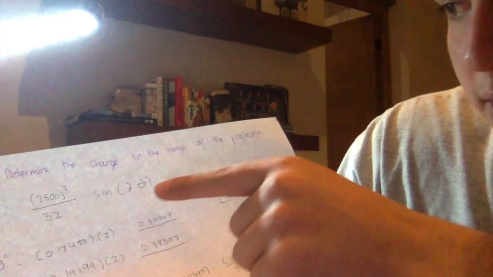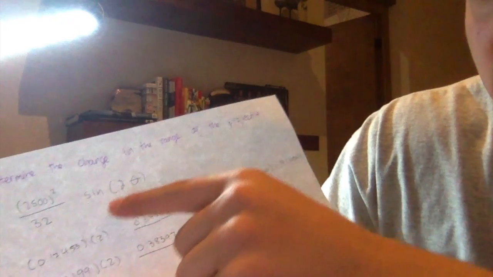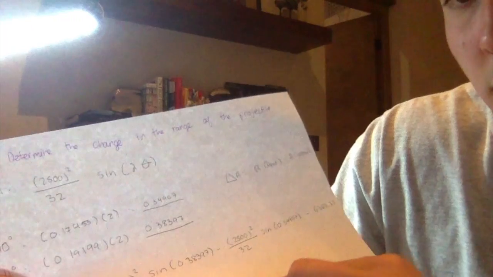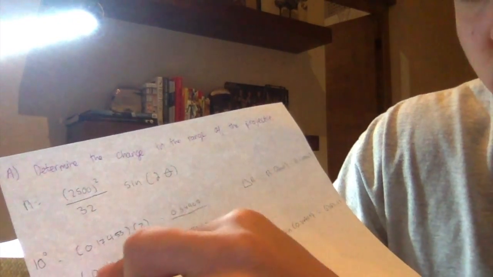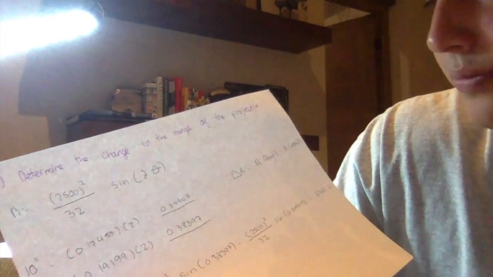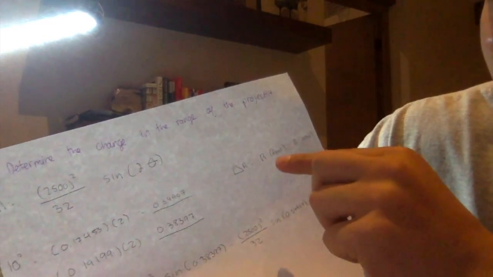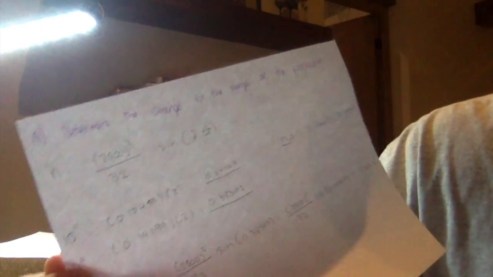I took the formula of the change in the range, that is 2500 squared divided by 32 times sin of 2 times the angle, and they gave us angles that were 10 and 11. So I multiplied the angle times 2 and got the number for both angles. Then, once I had all my information ready, I subtracted the final range minus the initial range, and here it is.